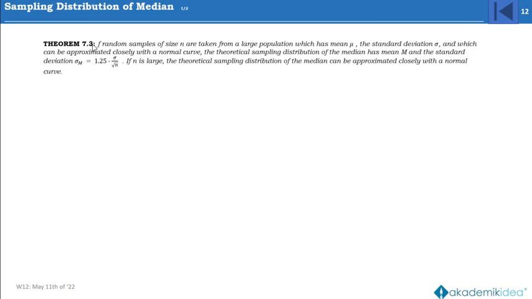Theorem 3. If random samples of size n are taken from a large population, which has mean mu, standard deviation sigma, and which can be approximated closely with the normal curve, the theoretical sampling distribution of the median has mean mu and standard deviation sigma subscript m, which is equal to 1.25 times sigma divided by the square root of sample size n.